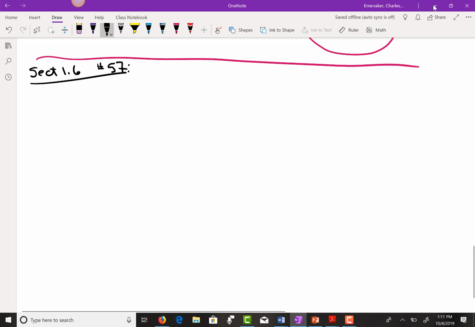And what it tells you is an accessories company finds the cost and revenue as follows. The cost is going to be 710 plus 30x minus 0.065x squared.